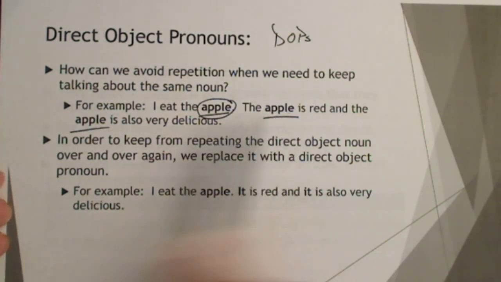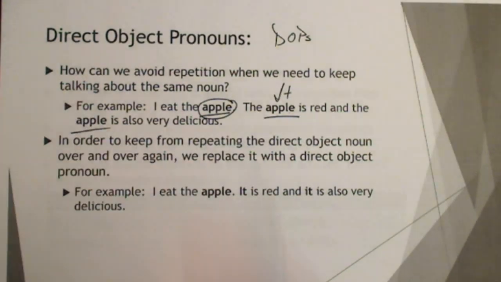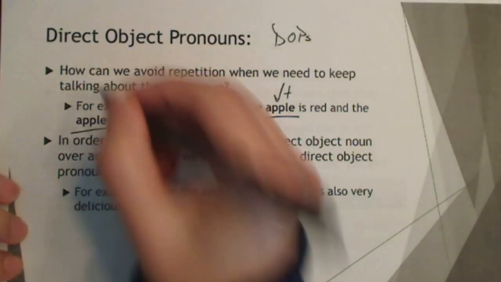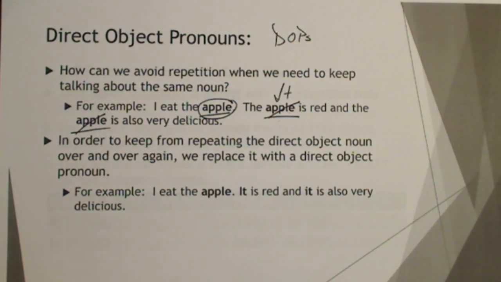Okay? In order to avoid this repetition, think about this. How would you have done this in English? You would have probably said, I eat the apple, it is red, and it's also very delicious, right? So you would have replaced the word apple with the word it.